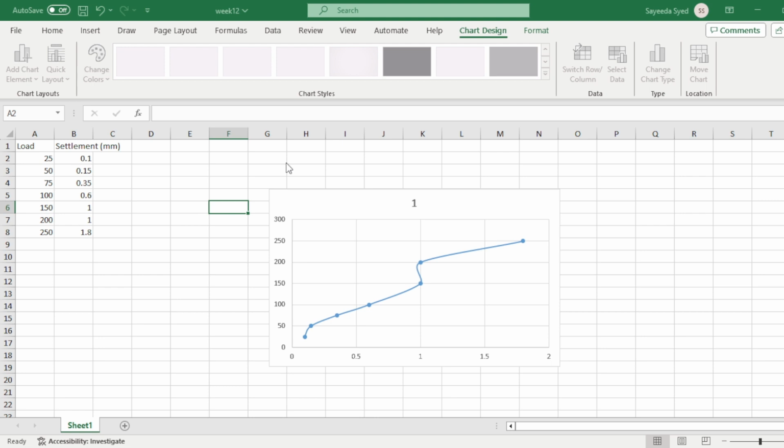This is the load, and there's the settlement.